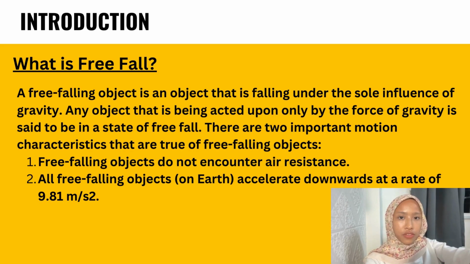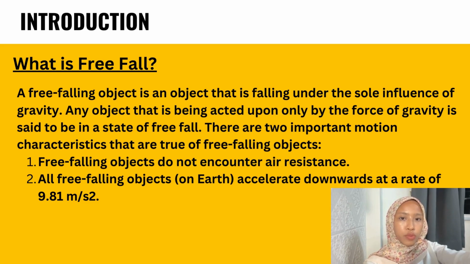Next, what is free fall? A free falling object is an object that is falling under the sole influence of gravity. Any object that is being acted upon only by the force of gravity is said to be in a state of free fall.